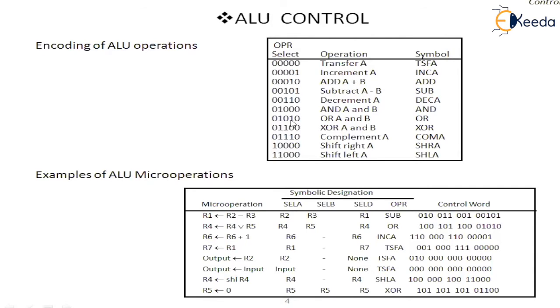Okay. And if this is the input, the ALU is going to perform OR operation between source register 1 and source register 2. If this is the input, XOR operation between source register 1 and source register 2, which are selected by Sel A and Sel B, will get performed. And if this is the input, A's complement will get performed. What is complementing?